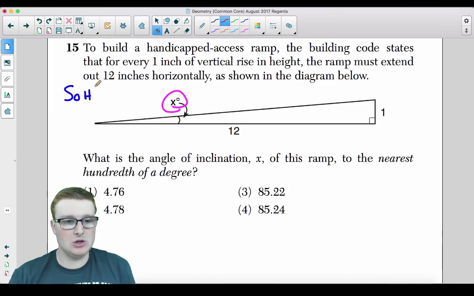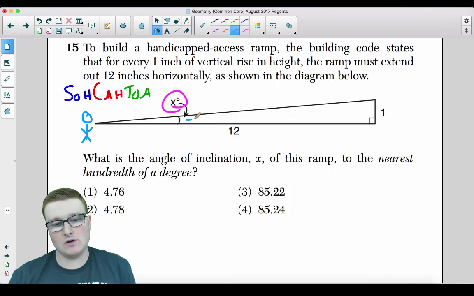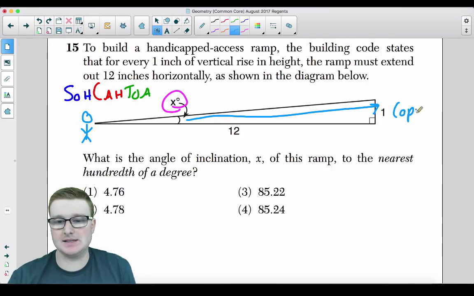Okay? So what you need to figure out is, if I were to draw a little stick figure here, I call him Pablo. I think Pablo's a cool name. If you draw him there and you take a look, wait a minute, that's across from me, so that's your opposite side. And the 12 is next to it, that is your adjacent side.